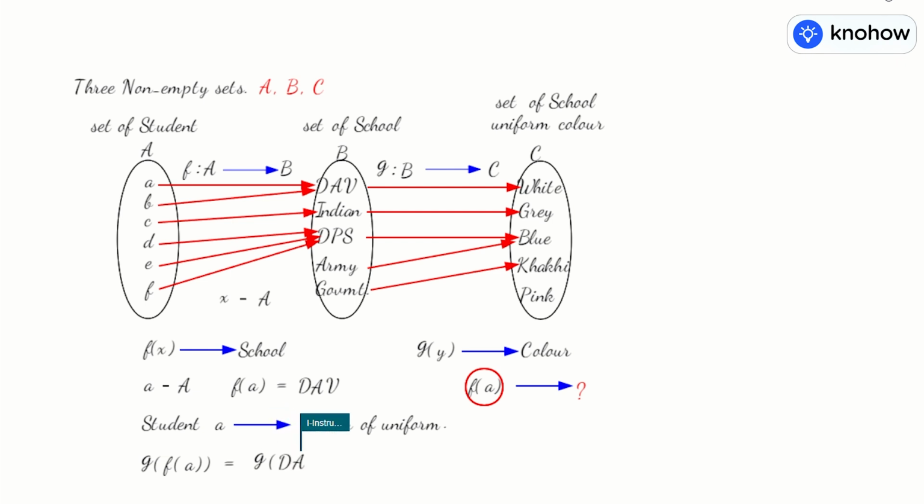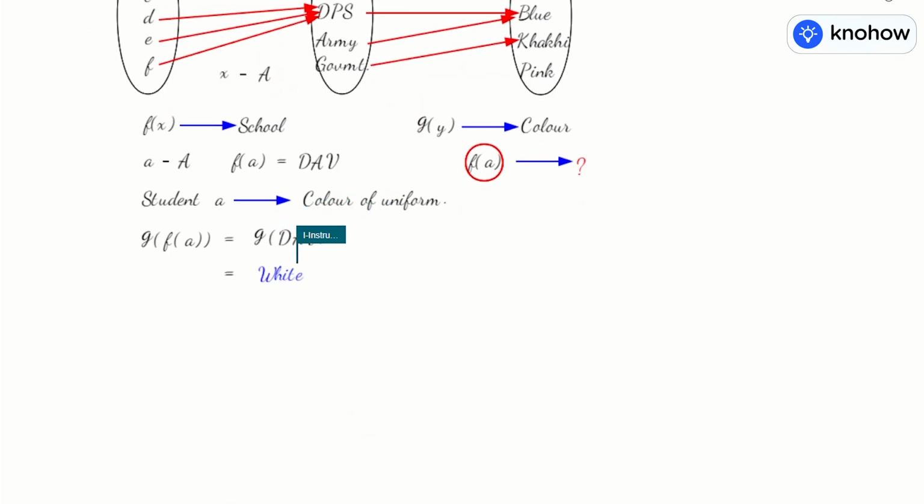DAV school. And what is the uniform color of DAV school? It is white. So what do you find? That here directly an element a belonging to set A is associated to the white color, which belongs to which set? C. By virtue of two different functions g and f taken like this, g o f.